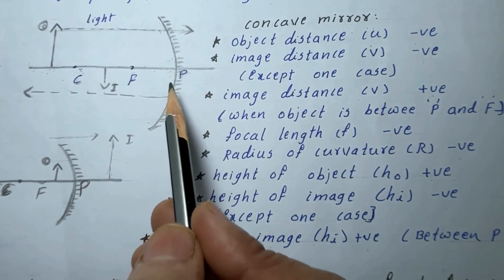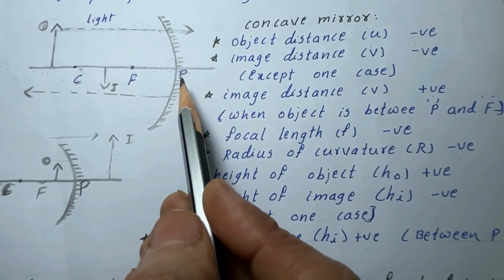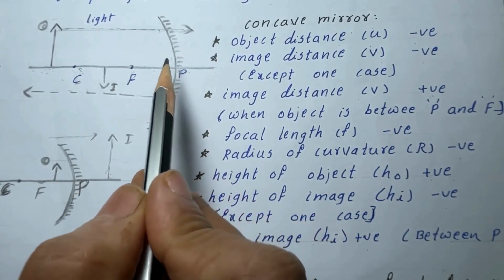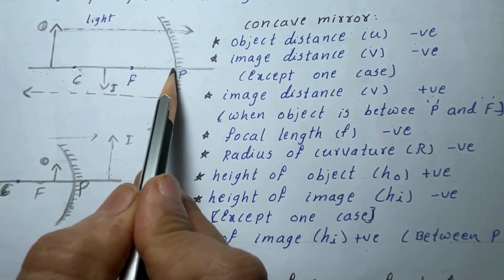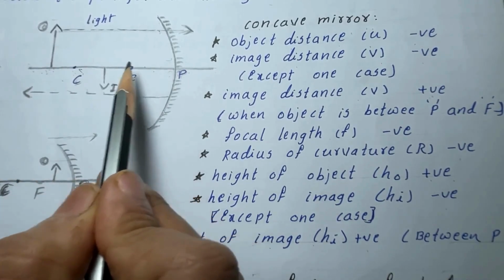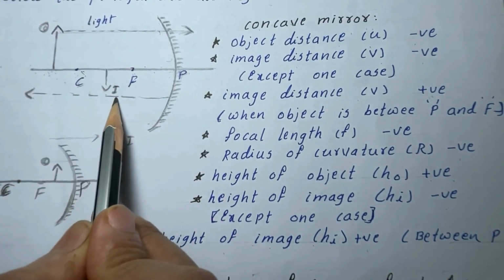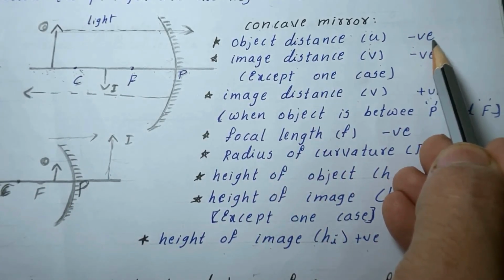When we are measuring the object distance, we have to measure the distance from the pole. So we are measuring from pole to object, from right hand side to left hand side, right to left, so the object distance u is negative.